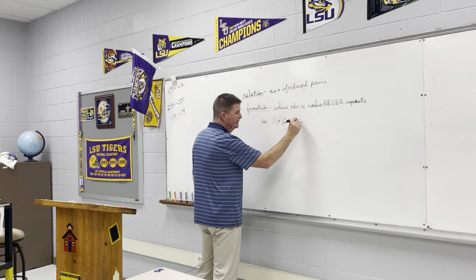If, in fact, we had another pair that maybe would be (9, 18), now it would not be considered a function because the x values would repeat. So the only way it's a function is that the x values do not repeat. Again, through each we have domains and ranges, which is the x values and the y values.